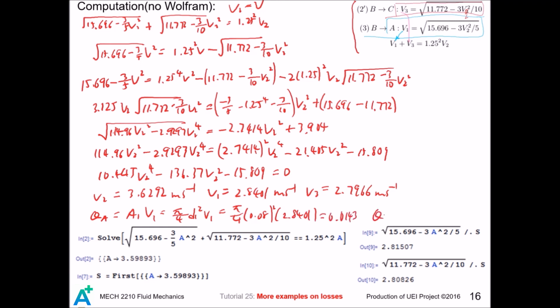And similarly for tanks B and C. And these are our answers.